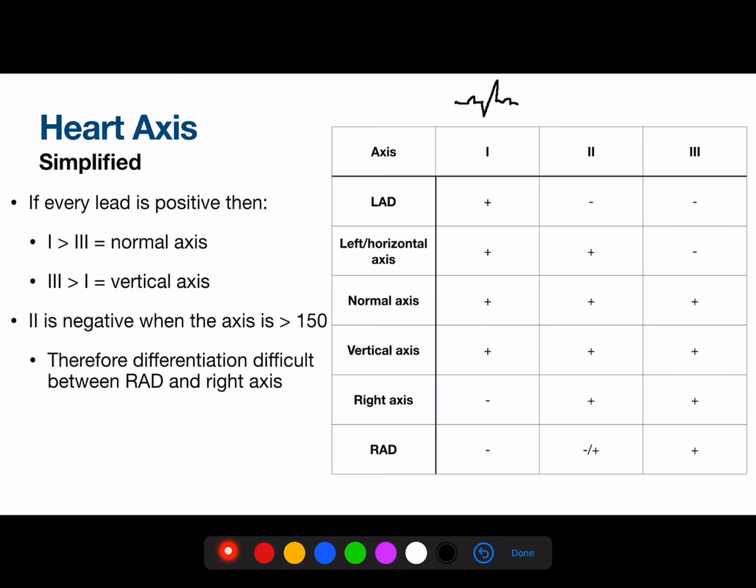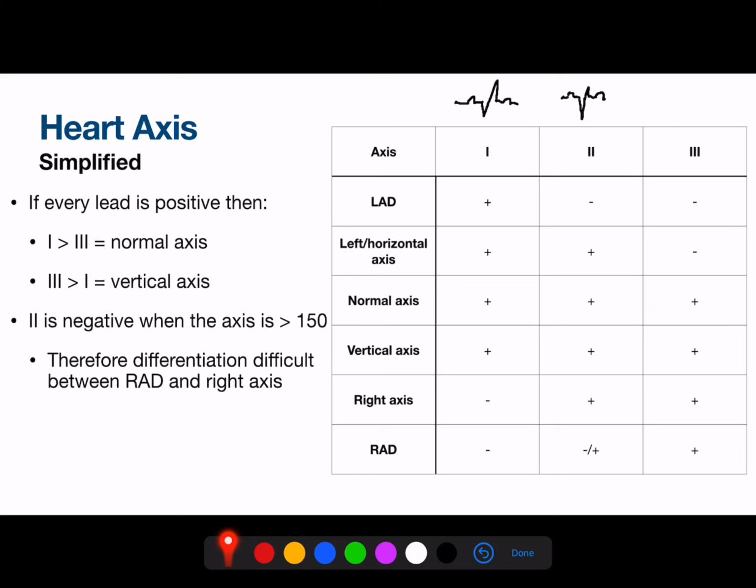And if lead 2, for example, looks like this, then you know the QRS complex is mostly negative, so you can put a minus, and so on for the third lead, the same.